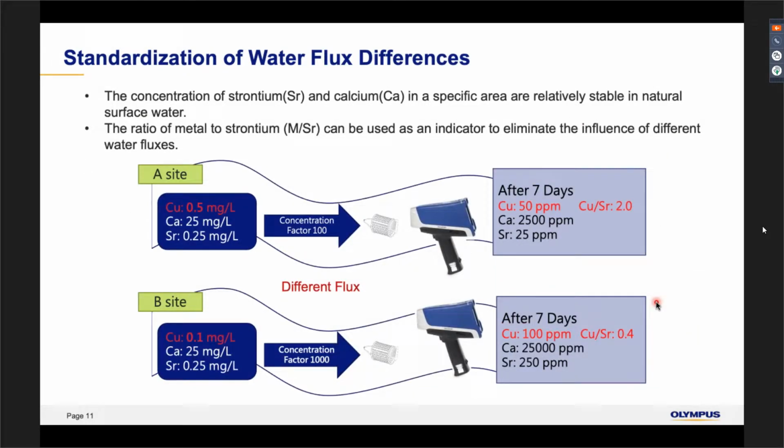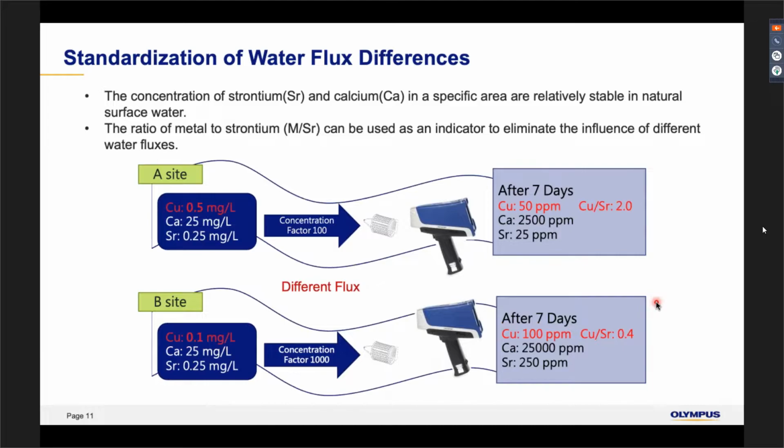How to standardize the water flux differences? Because TIRS is not in a confined space, the amount of water passed through each cassette is unknown.